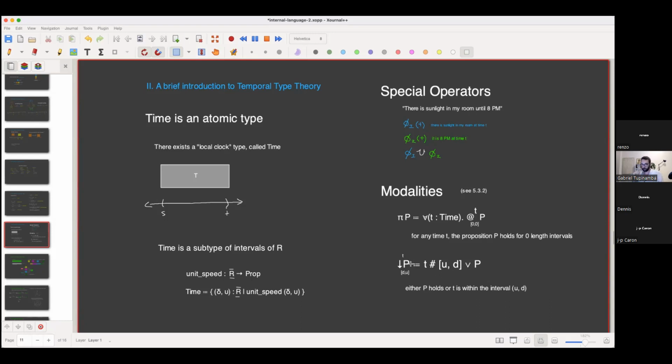So P, in this case, would be I'm always thinking of sheaves, and the down arrow modality says except for this interval U, right? Either it's this time interval or you're thinking about sheaves, or whatever proposition is true.